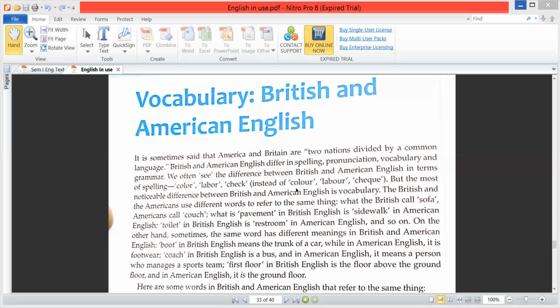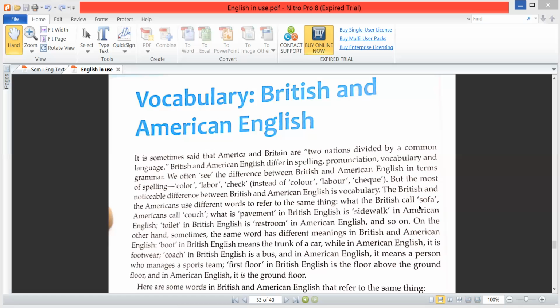Still, we see that there are some words used in British English which are not used by the Americans. For instance, looking at this sixth line, Britishers call it sofa, whereas Americans call it couch.